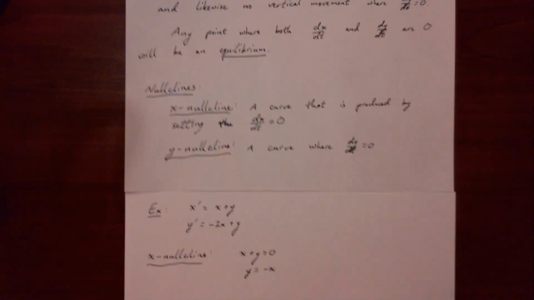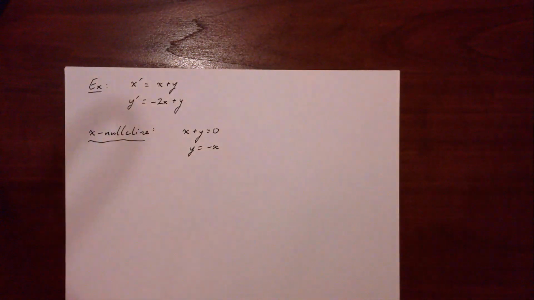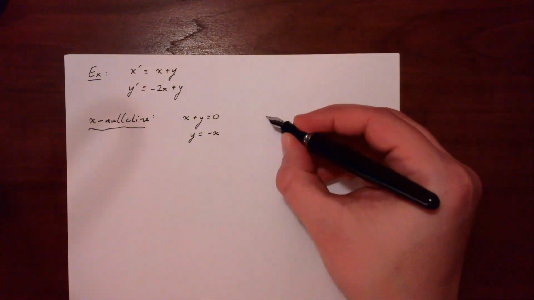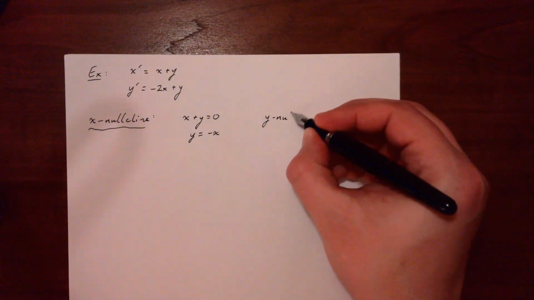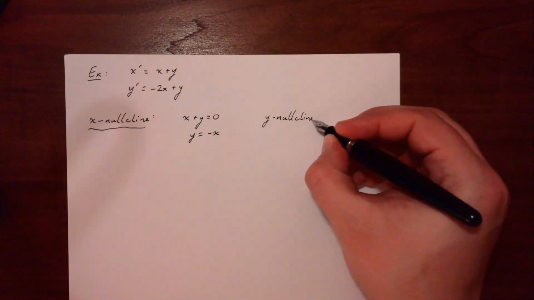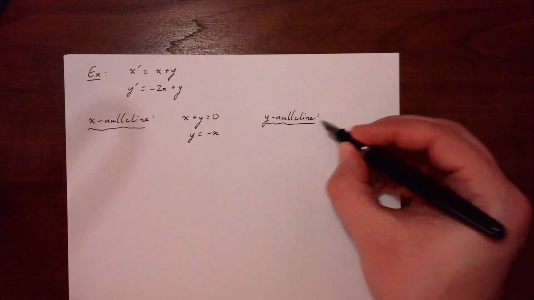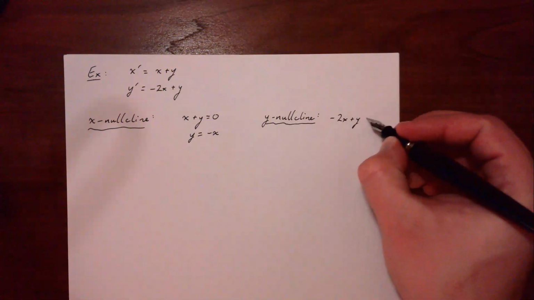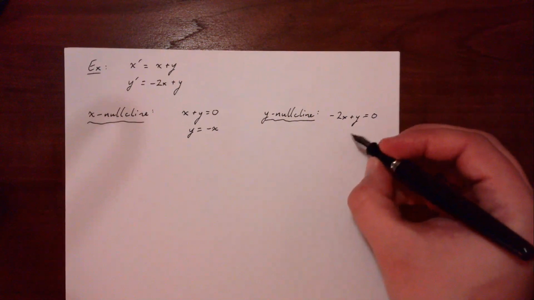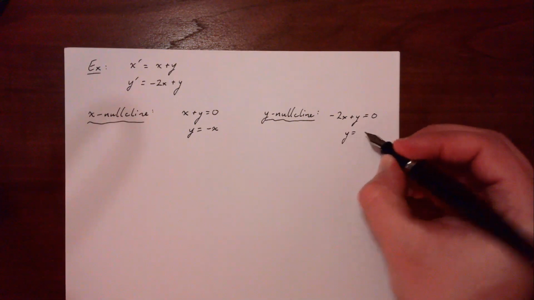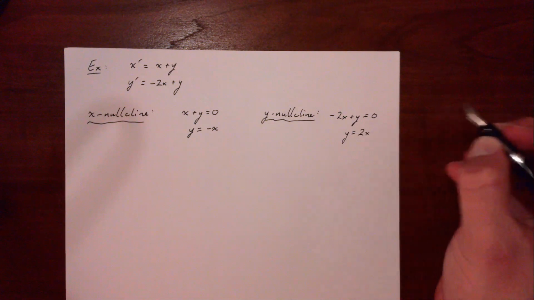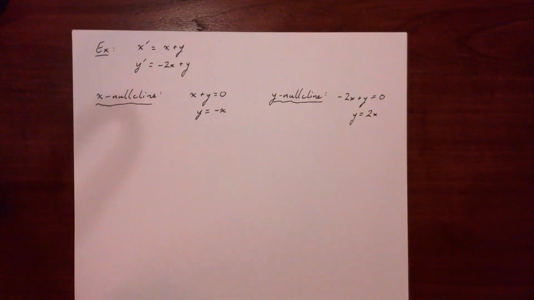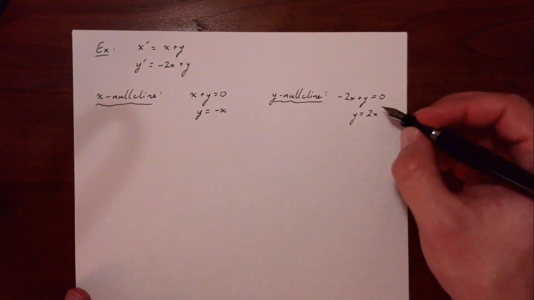So the curve here would just be the linear function y equals negative x, and then the y nullcline would be from setting negative 2x plus y equal to 0, which then if we solve for y, just because when we can, that will usually be the easiest version of the curve to produce, we would get y equals 2x.